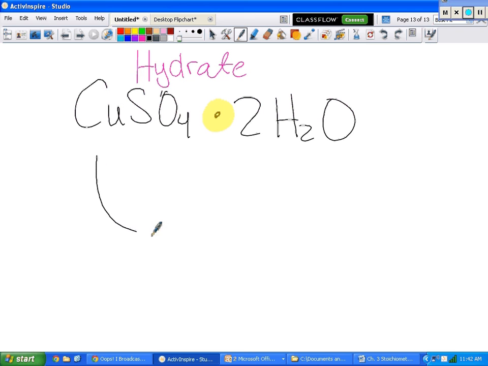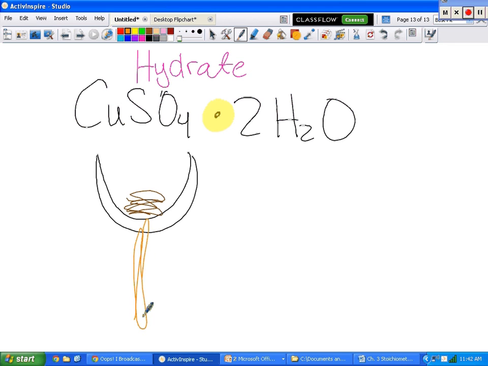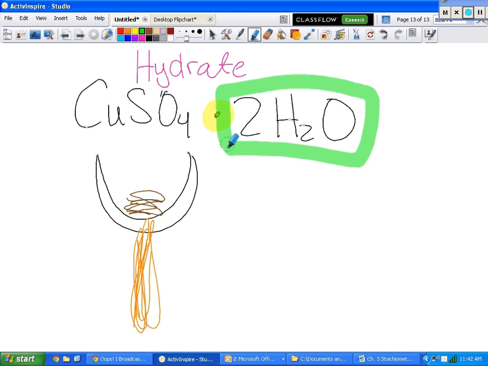So let's pretend that we take this thing and we put it in a crucible, and then all of a sudden we take some flame and we heat this thing. What is the purpose of heating a compound that has water in it? To get rid of the water. Let me ask you something. Copper 2 sulfate, ionic or covalent? Ionic.